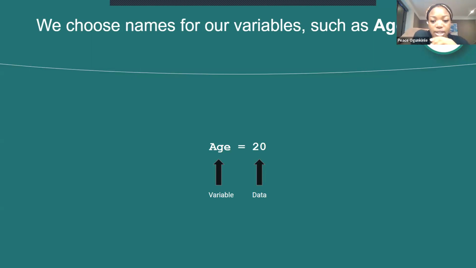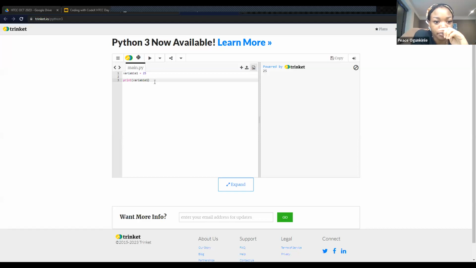Neil, if you could just go to the IDE and show an example of printing out a variable, please. Yeah, thanks.